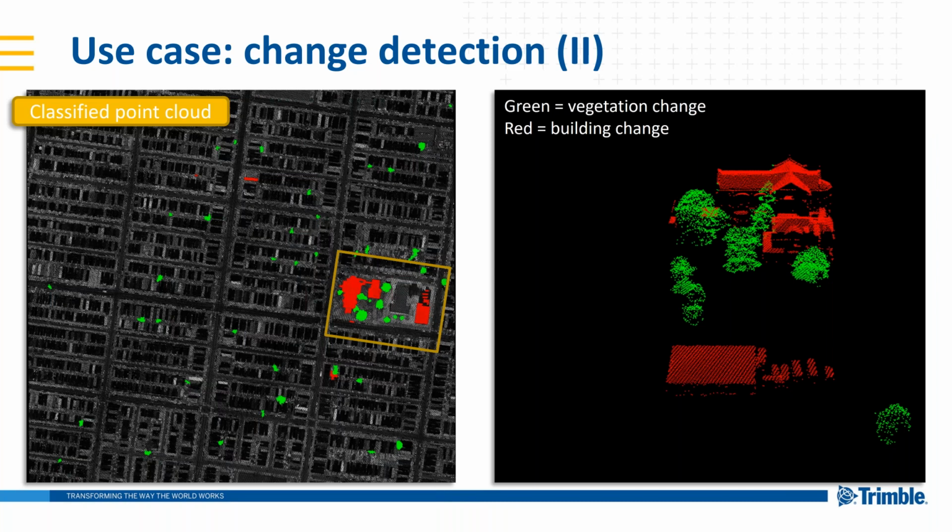We see that the green vegetation points are vegetated objects that have changed on this construction site, the trees that have been removed, and then the red, of course, represents buildings that have been removed from this particular construction site. So again, taking the change detection but applying it directly to our point cloud, we can then export a fully independent point cloud from eCognition that includes only the changed points in this instance.